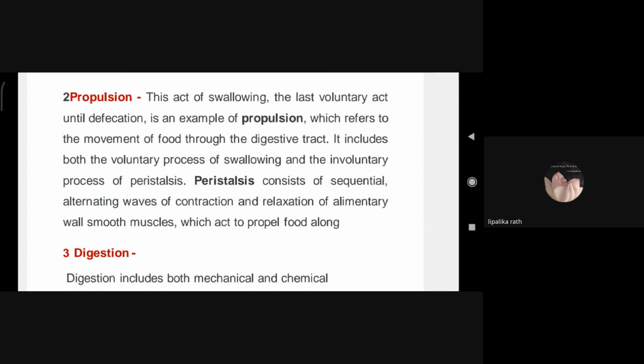Peristalsis consists of sequential alternating waves of contraction and relaxation of the wall of smooth muscle, which act to propel the food along. Okay, the concept of propulsion is clear.